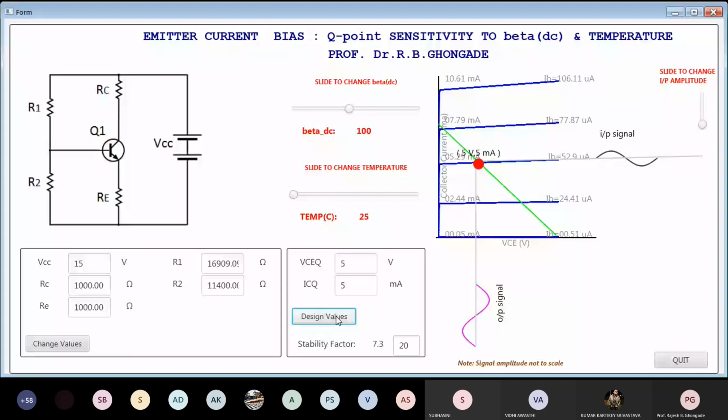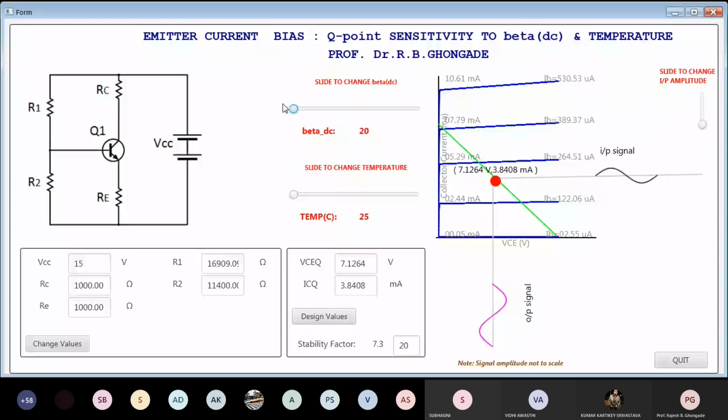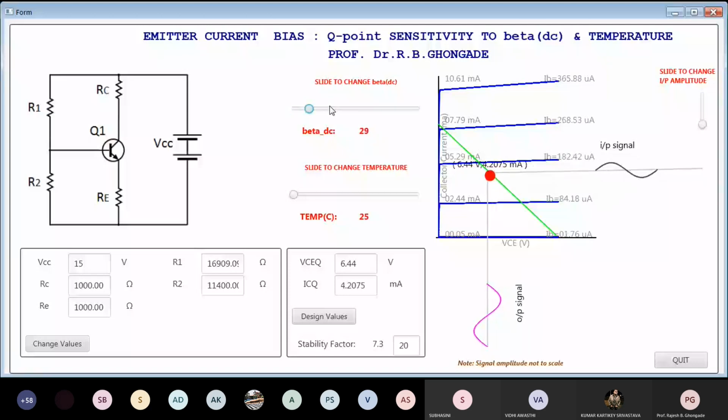Now let us have a look at the change in the Q point with change in beta. So if I'm changing beta from 20 to 200, a large variation in beta, in spite of that the Q point is fairly stable. You see that?